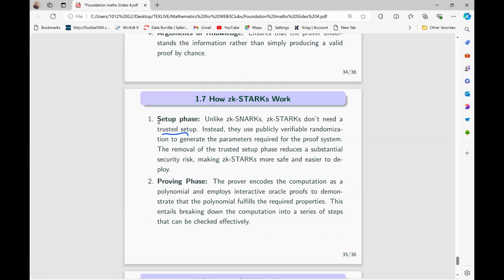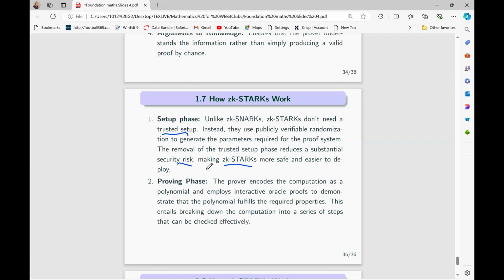Instead, they use publicly verifiable randomness to generate the parameters required for the proof. Removing the trusted setup reduces the risk and makes ZK stacks safer and easier to deploy.